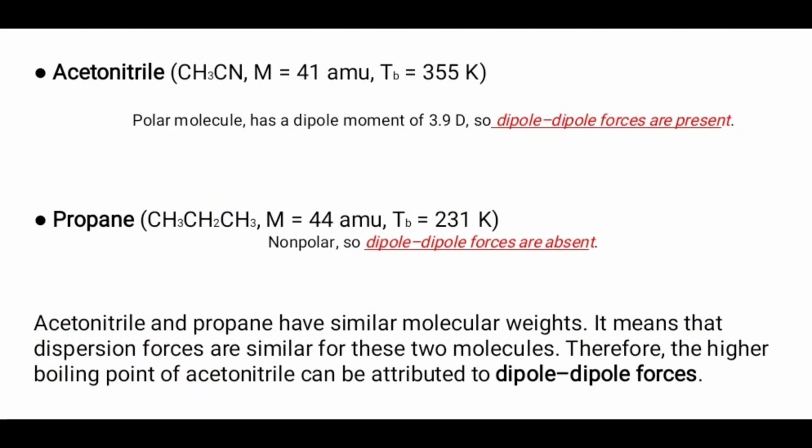And for sure, dipole forces are absent in this case. Now let's have a look at the molecular masses. They are approximately the same, 41 and 44. Then why is there such a big difference in boiling points? It is because of dipole-dipole forces.